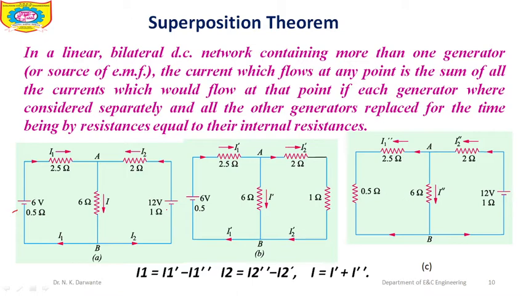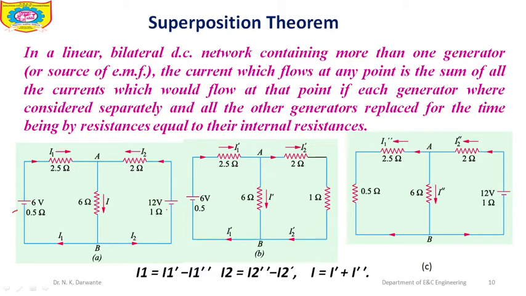But for simplicity, we'll go for only two sources. Once you understand how to apply the superposition theorem, then how many sources are there is not a problem. Now, the statement itself is understandable. What is the meaning of that? If there are multiple sources, then first of all we have to replace the other sources by their equivalent resistances.